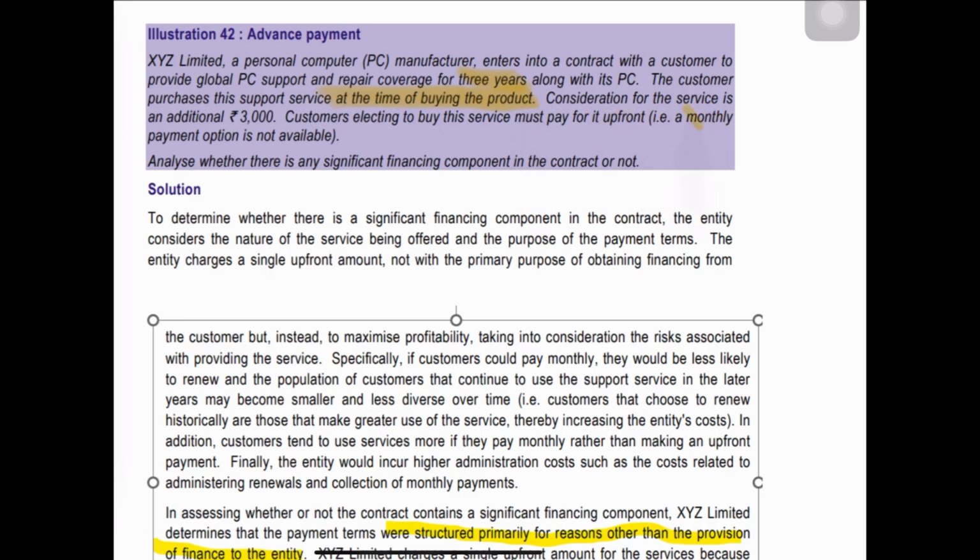So consideration for the service is an additional 3,000 rupees, and customers electing to buy the service must pay for it upfront. That is, a monthly payment option is not available. So analyze whether there is any significant financing component in this contract.